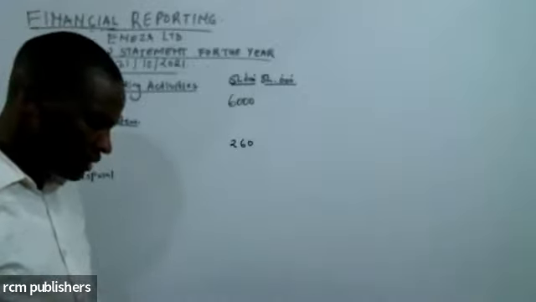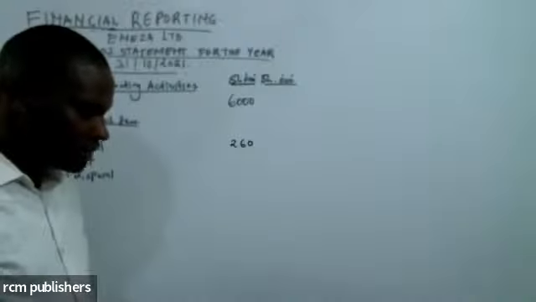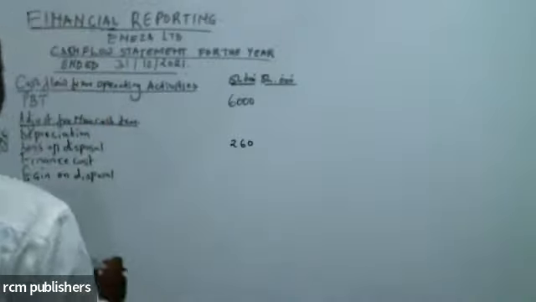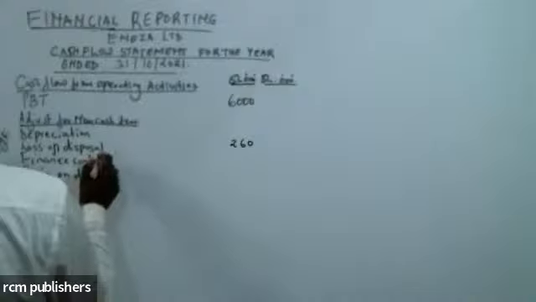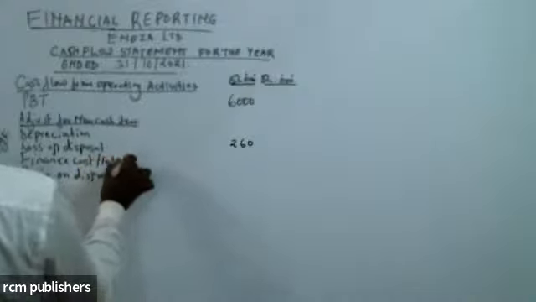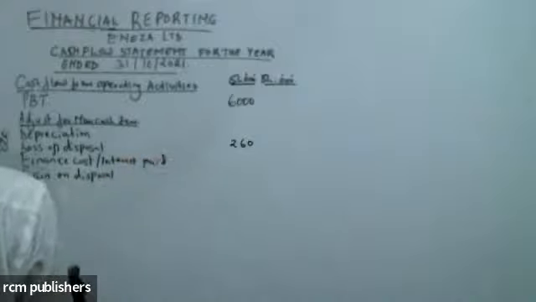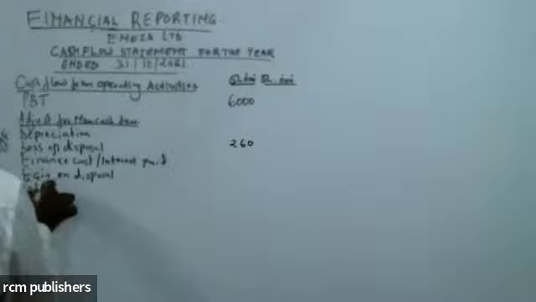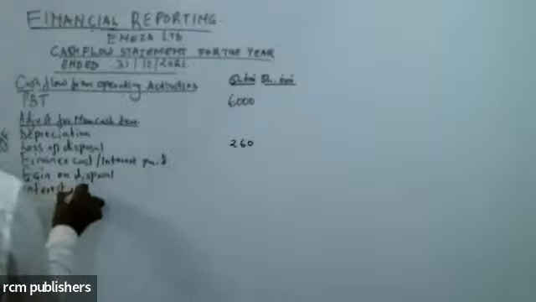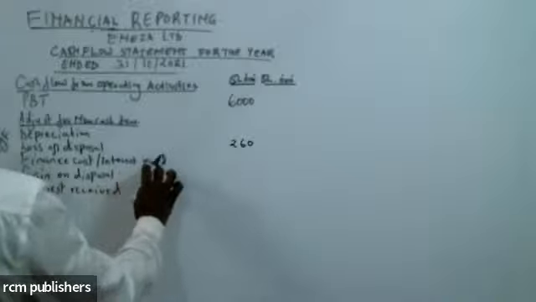Like for example, I can see there was interest received and then interest paid. How is the interest paid treated in the income statement? And then we had interest received. How is this treated in the income statement?